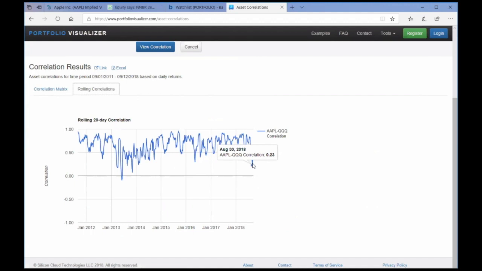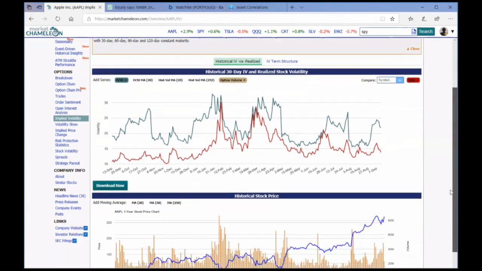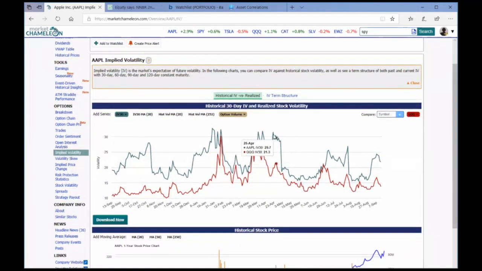Okay. Now let's look at volatility. This is 30-day implied volatility in Apple, that's the green, and underneath it in red is the 30-day implied volatility in QQQ.